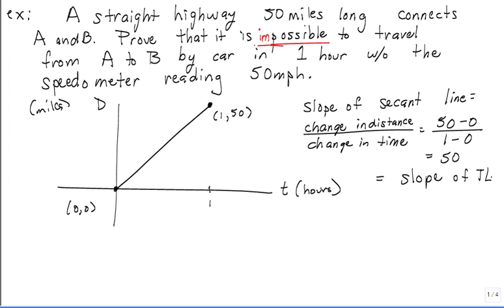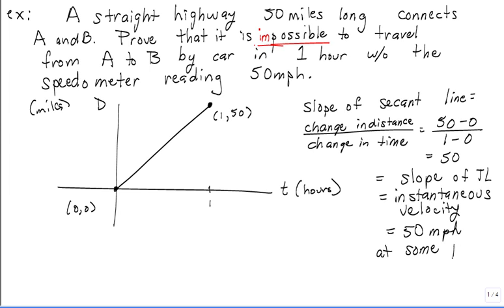So if your average rate is 50, then at some point the instantaneous velocity is going to have to equal 50 miles per hour, by this theorem too.